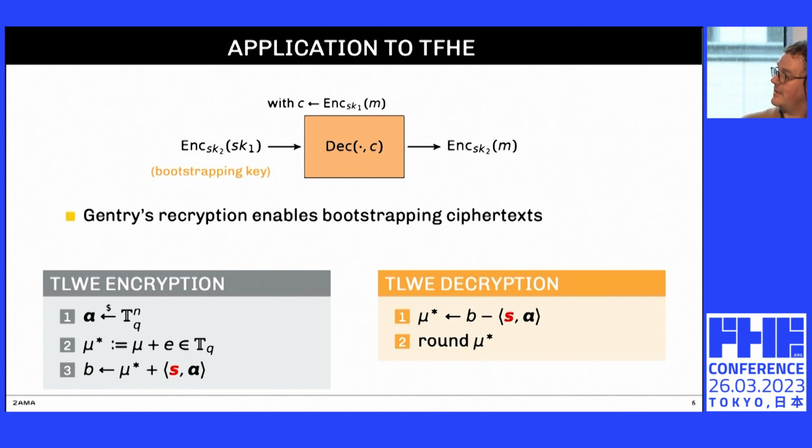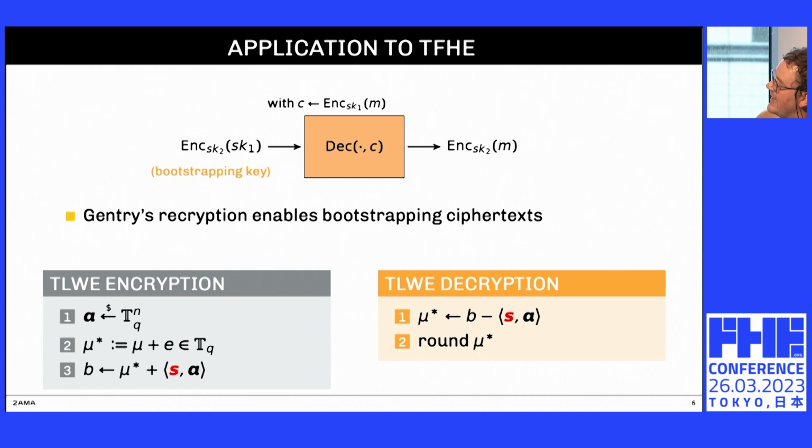So let's take a look at a concrete example. Assume that we'd like to apply that idea to TFHE. Just as a recap, here is the way it works. First, you generate a mask A, which is just a random vector, in this case on the torus. Mu is the message you'd like to encrypt. You first add some noise, so you get that noisy message mu star.